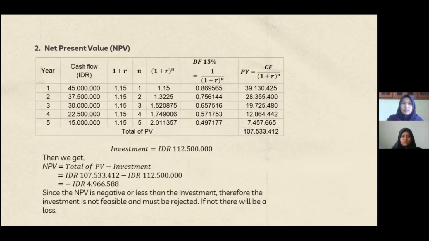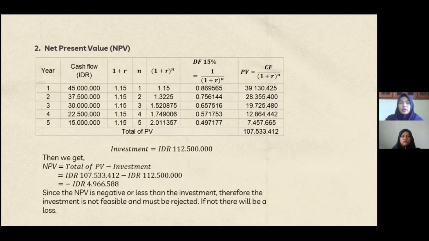Next is net present value, or NPV. Look at the table. On the left is year 1, 2, 3, 4, 5, and then the cash flow, 45 million and so on.